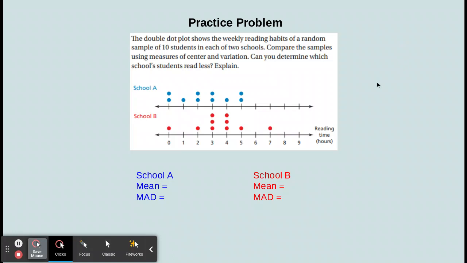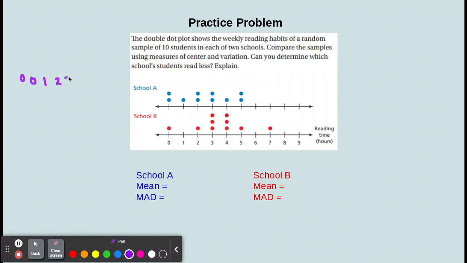Okay, so first you need to calculate the mean. Remember, the mean is the average. So you need to add up all these. So this is 0, this is 0. So let me help you with this first one. For school A, our values are 0, 0, 1, 2, 2, 3, 3, 4, 5, and 5.